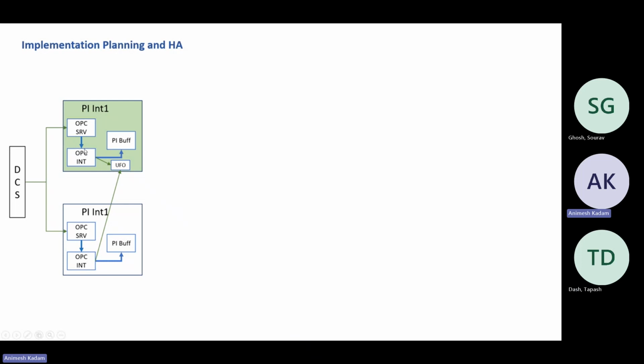So I have explained the interface level failover, right? There is a second failover called OPC level failover. In this case, your one interface will be pointing to both the OPCs. Suppose there is one interface pointing to both the OPCs, and the OPCs are outside the server. Let me open my diagram.